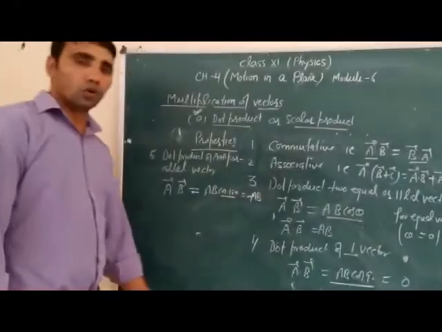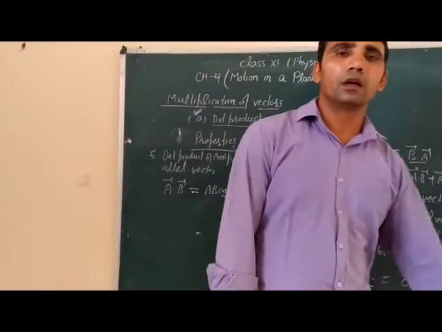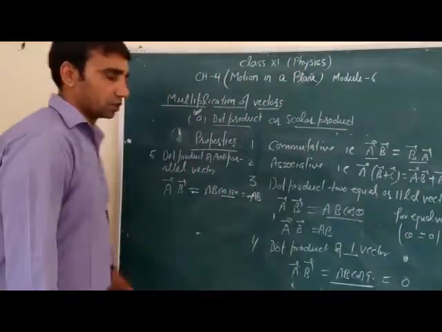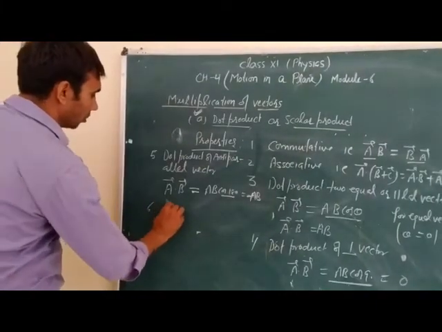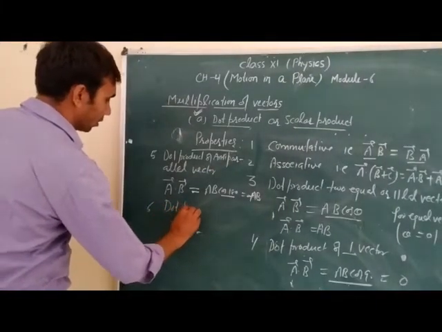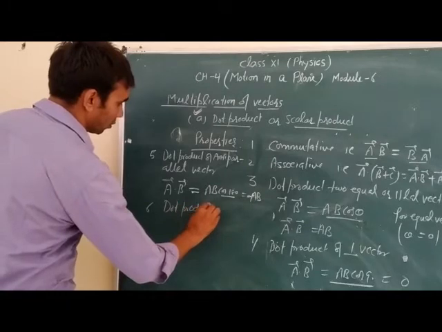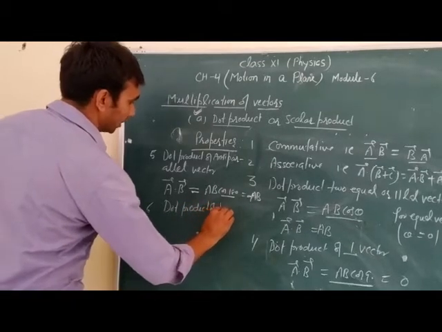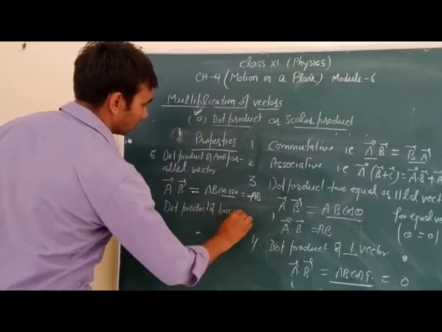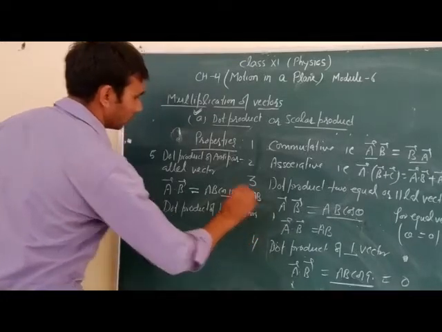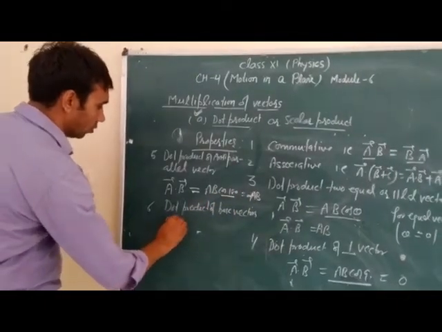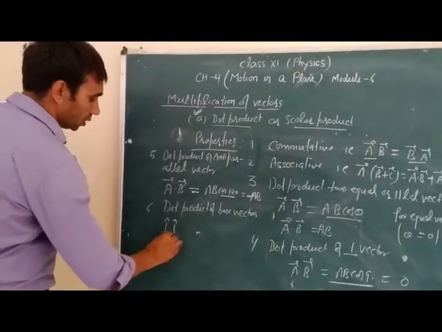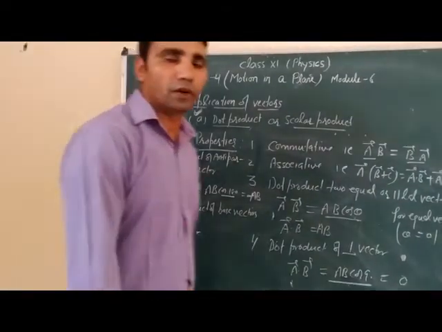Now, dot product of base vectors. I dot I. The magnitude of this vector: this is a unit vector.